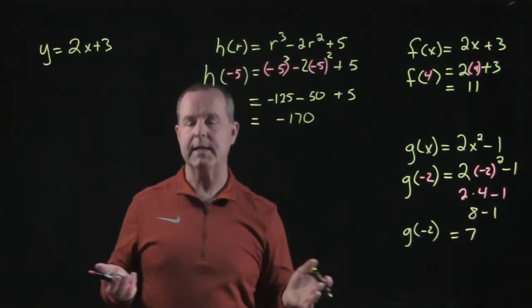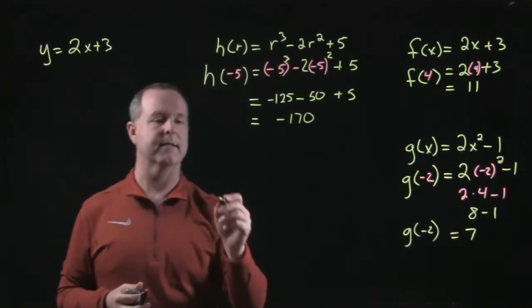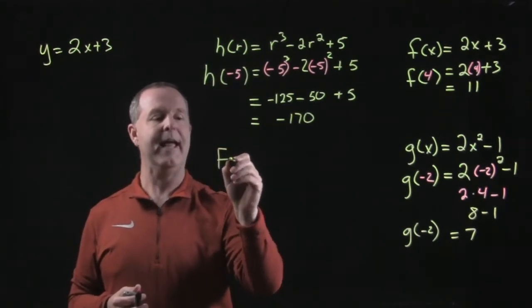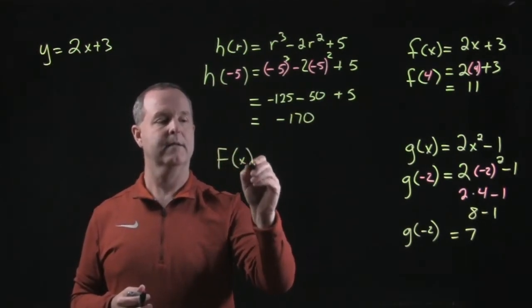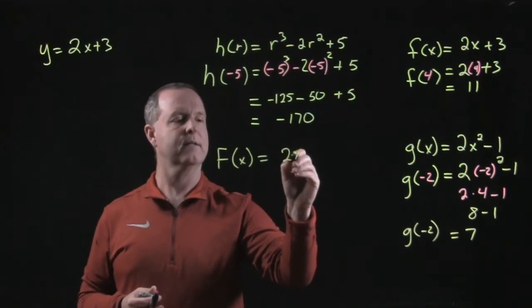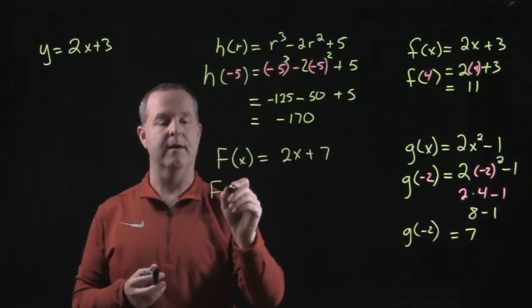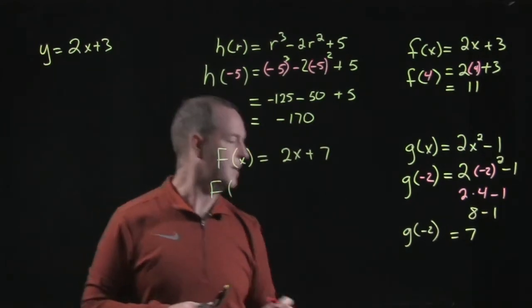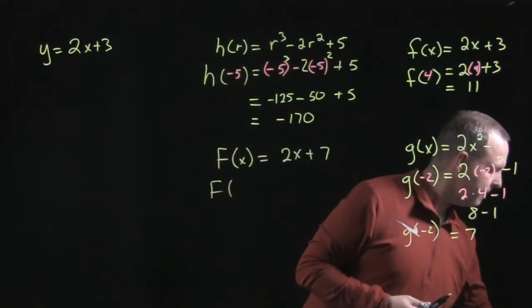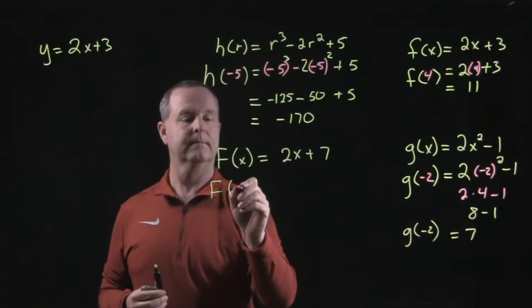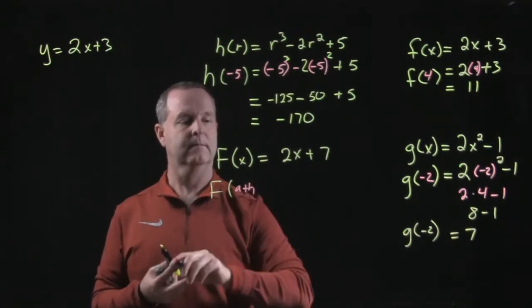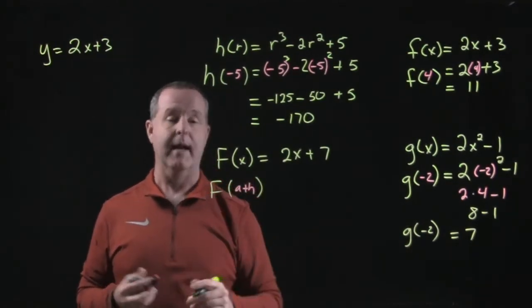And then we'd also see some functions that may look like this. Say f of x equals 2x plus 7, and I want to evaluate at f of, say, something like a plus h. How do we solve that?